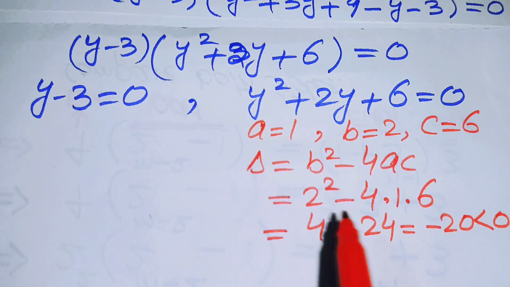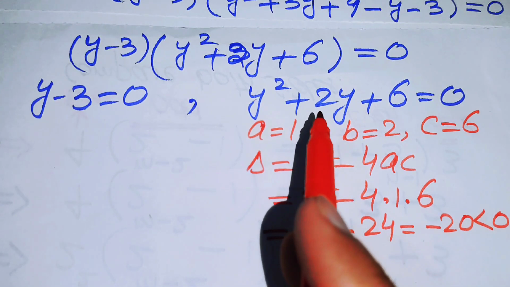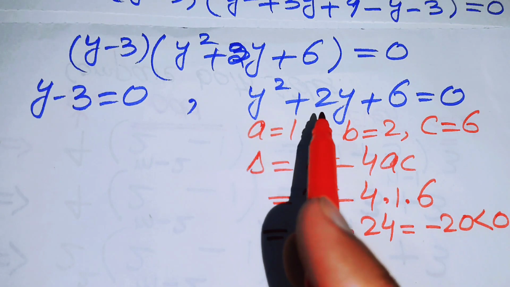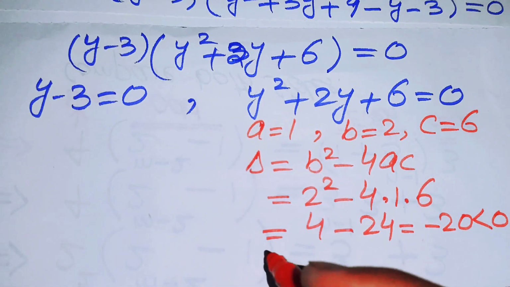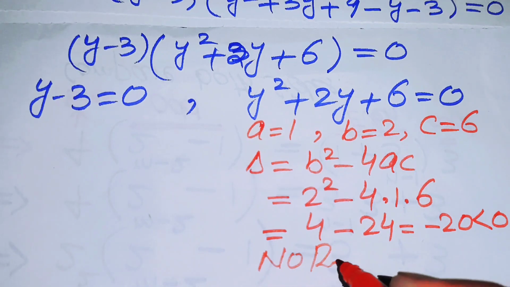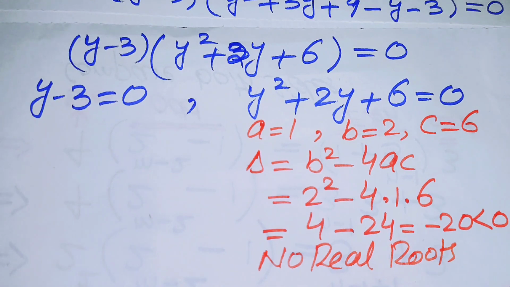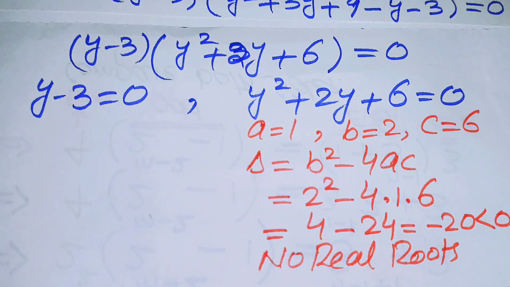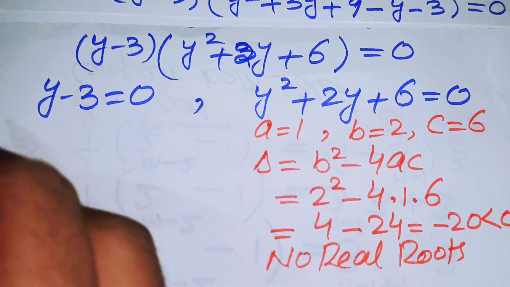So if this delta is less than 0, it means that this quadratic equation has no real roots. So if it has no real roots, then we can just reject this case, because in this question we need only real roots, so we will reject this case, and we can just proceed with this case only.